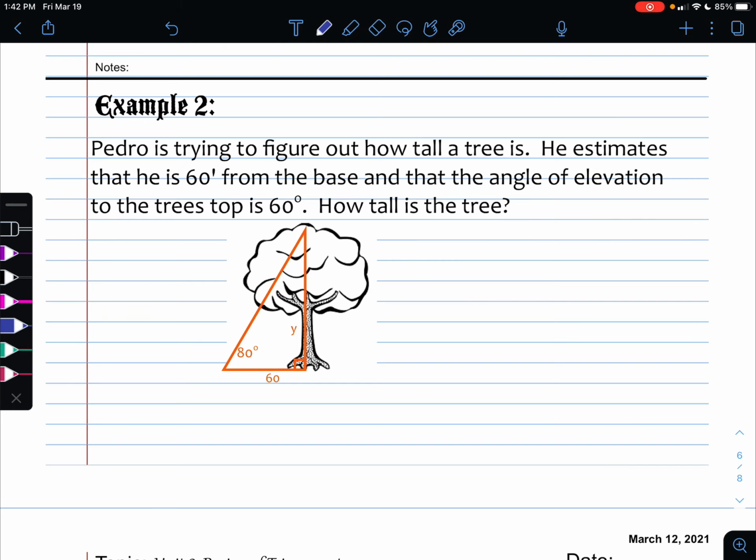So let's label everything first. My angle here, theta. I have my right angle, which means this is my hypotenuse directly across. Adjacent is right next to my theta, and opposite is opposite of my theta. So it looks to me like I am searching for the opposite and I have the adjacent.